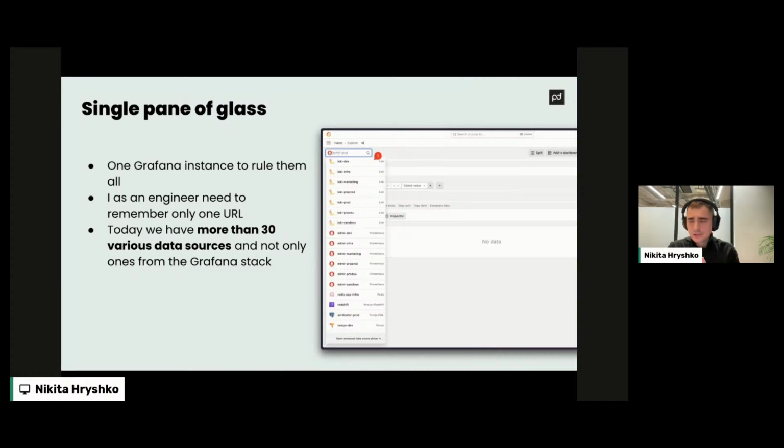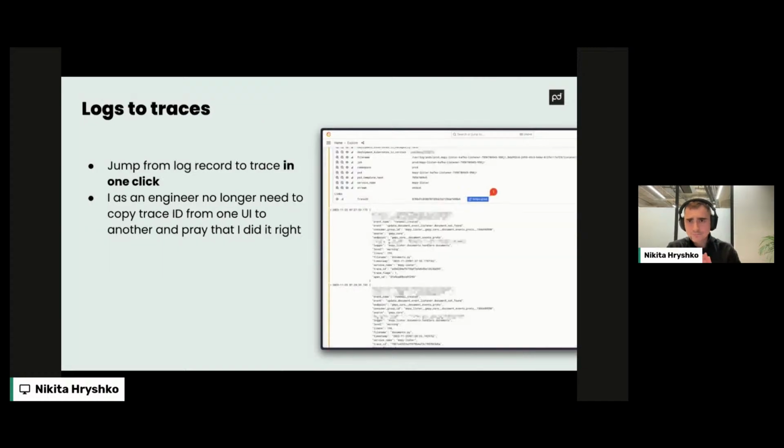And I have to say that from what we see, our engineers simply fell in love with this approach, and they started to ask us, okay, can you add CloudWatch data source, Redis data source or data source for some Postgres database. So it's a really useful thing.